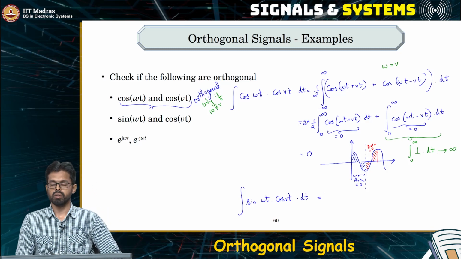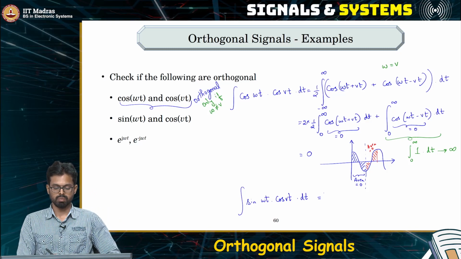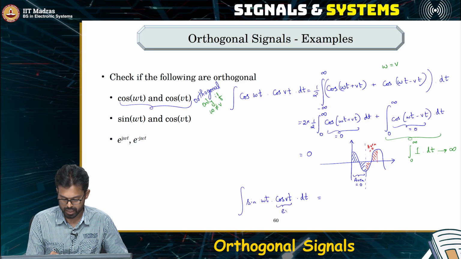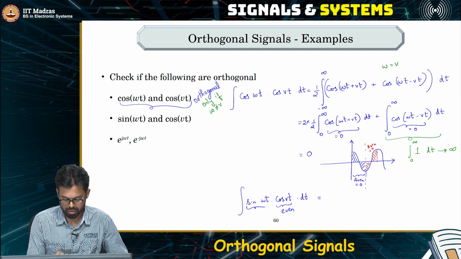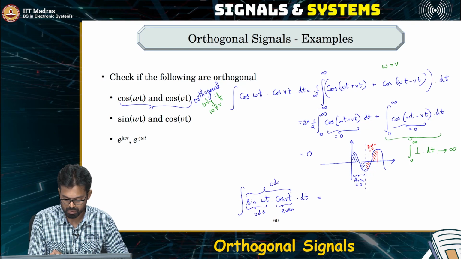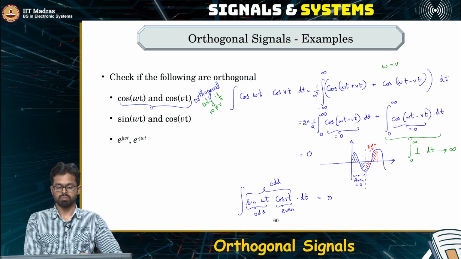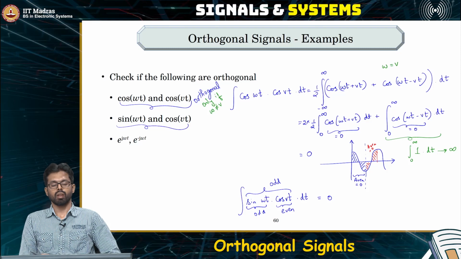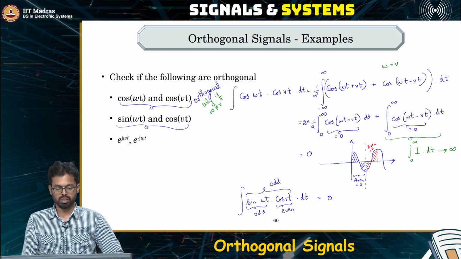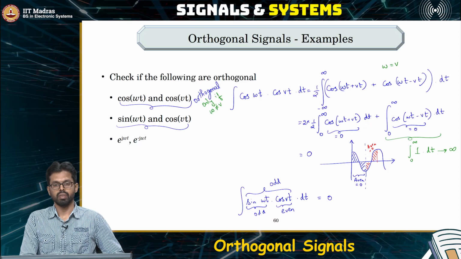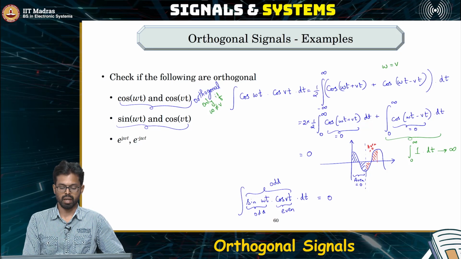You know what, we are not even going to evaluate this integration because this is 0 for the reason that cos is even, sine is odd. So the entire product is odd, and this is just 0. So which makes all sine and cosine functions together to be orthogonal to one another. So this is a very nice property that we have here.